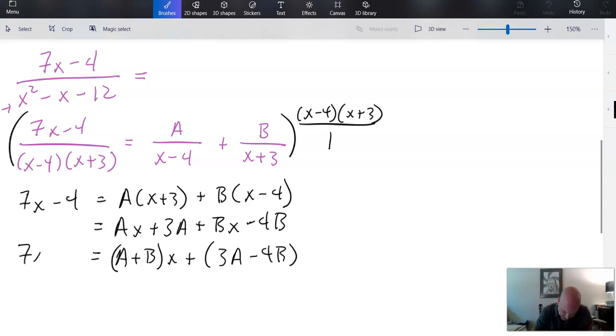And that's equal to 7x minus 4. So that means a plus b has to be equal to 7 because it's also the coefficient of x. So that's our first thing: a plus b equals 7. And then over here, 3a minus 4b has to be equal to negative 4.